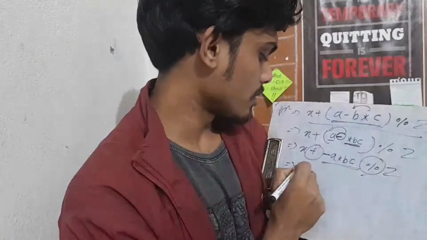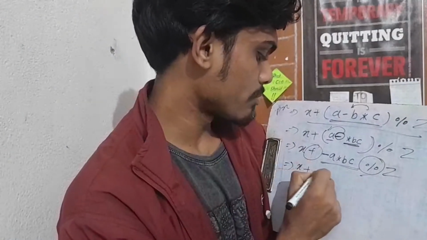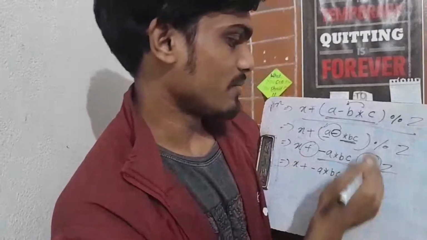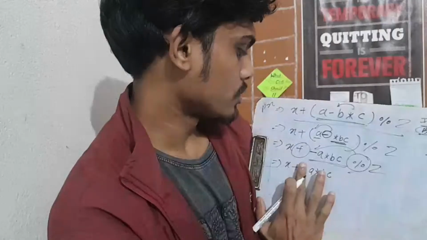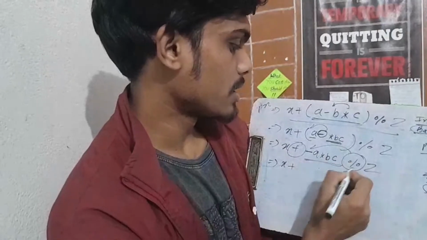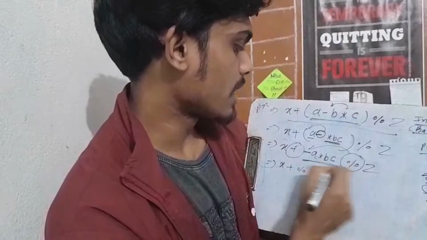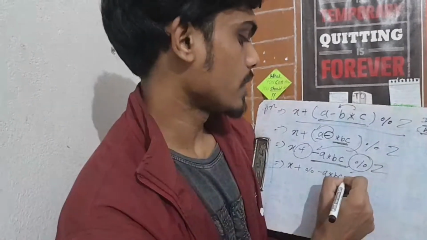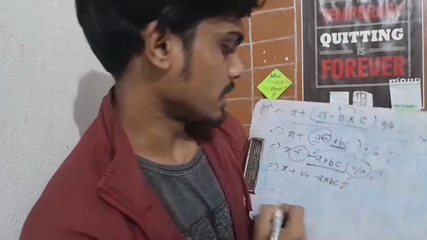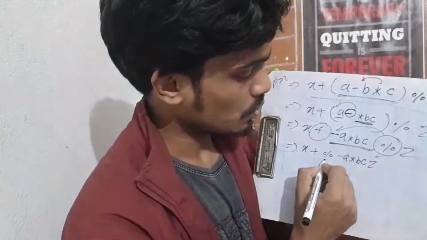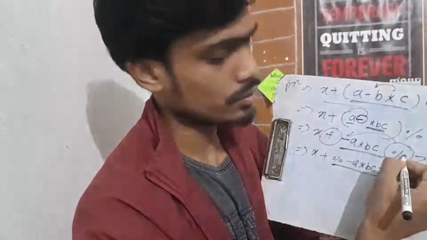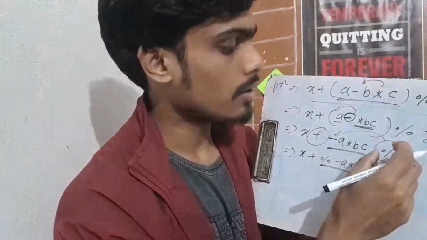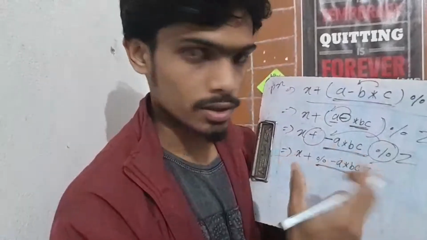So now the remaining are all the same: x plus minus a asterisk b c, and now b c we have to take this side. So before this we will firstly write the modular sign, then note minus a asterisk b c. Now we can note the z. So now this whole will be converted into an operand.